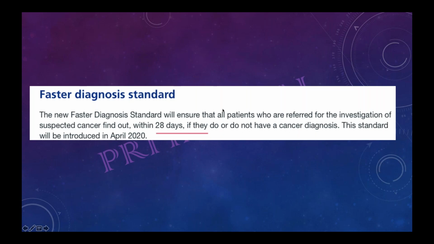This is something I read as new in this guideline; they introduced the faster diagnosis standard in April 2020. Maybe it may be asked in the exam, therefore I have put this line. So whenever any patient suspected of cancer has been referred, within 28 days he or she should know whether they have a cancer diagnosis or not, and the term they use for this is the faster diagnosis standard. It is important if any SBA or role play asks in the exam.